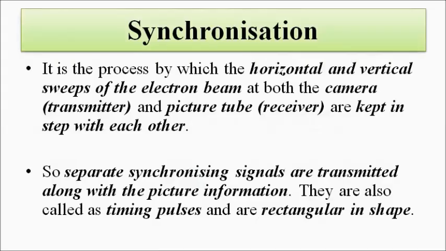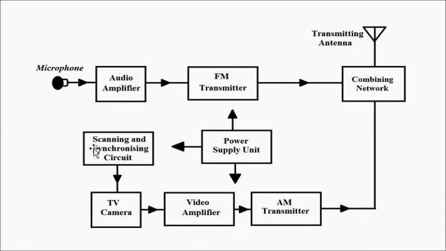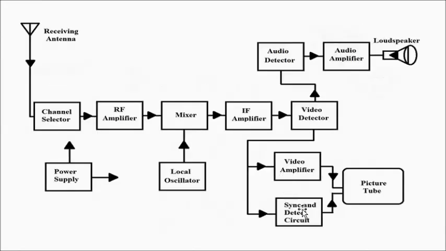So this is the process by which the horizontal and vertical sweeps of the electron beam at both the transmitter and the receiver side, the scanning and synchronizing circuit at the transmitter side and the synchronization and detection circuit, the two processes should be kept in step with each other, in sync with each other.